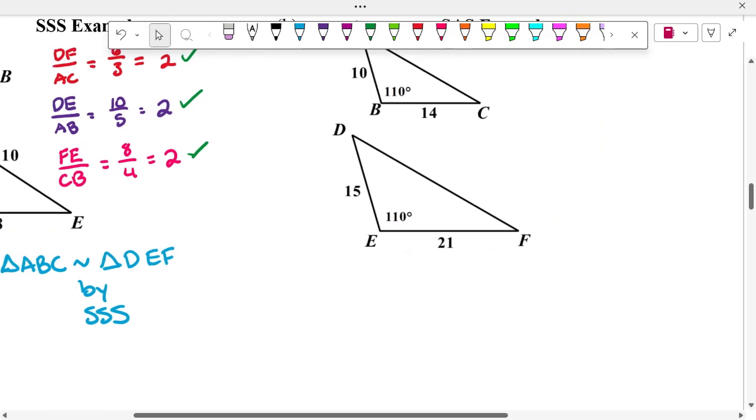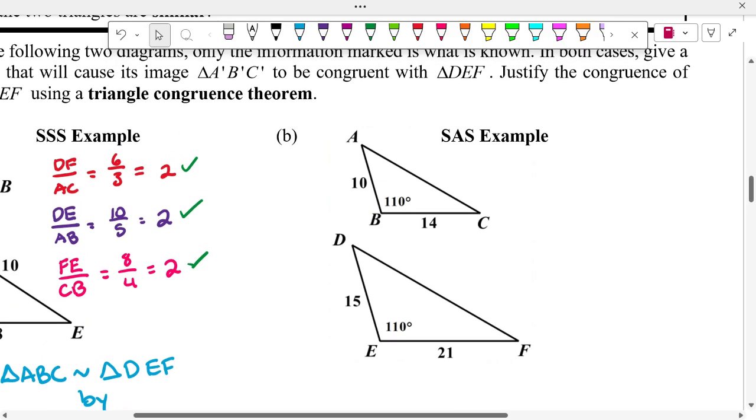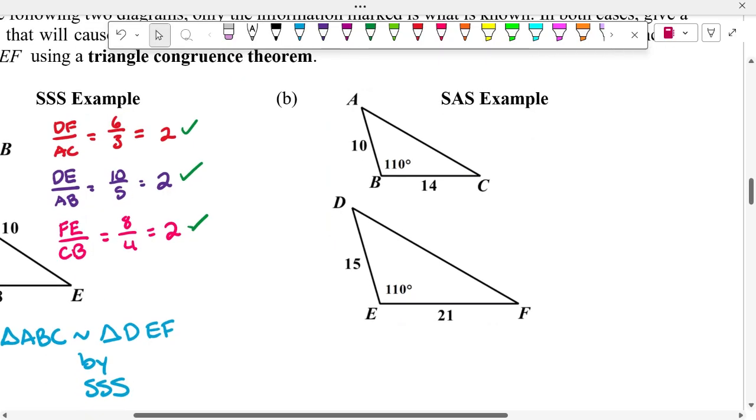Now, side angle side. First off, before we even attempt side angle side, is that angle the included angle? Meaning it's between those two sides. Yeah, it is. A way you can remember it is that the included angle is always the angle that's made up of the two sides we're given. So like these two sides make that angle.